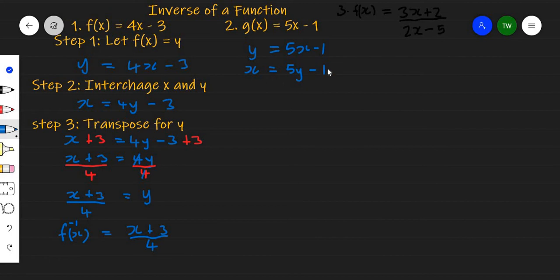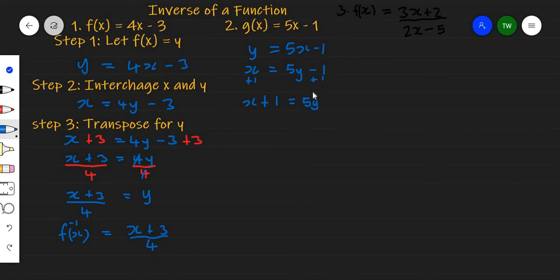So here, I want to get rid of this minus 1. I'm going to add 1 to this side, and I'm also going to add 1 to this side. By doing that, what I have on this side is now x plus 1 is equal to 5y, because minus 1 plus 1 is 0.